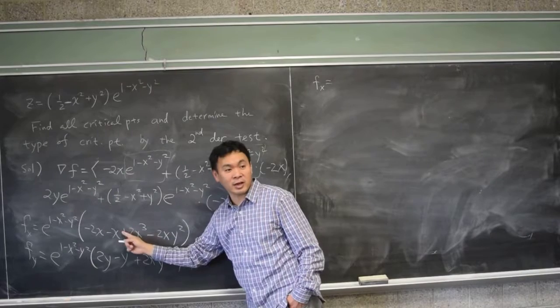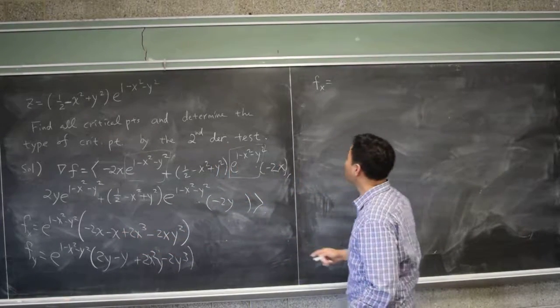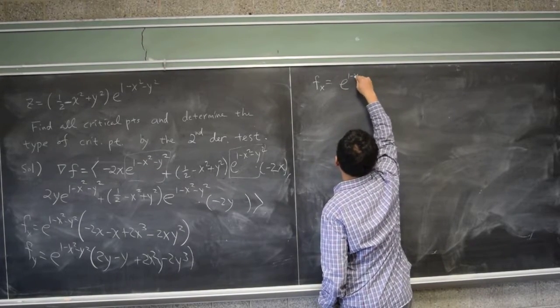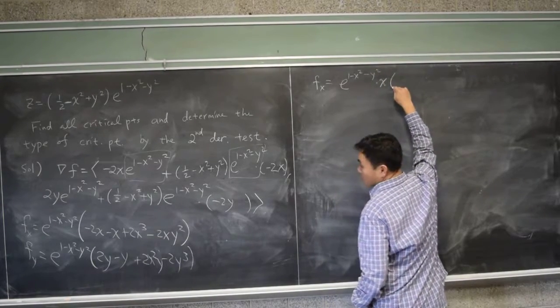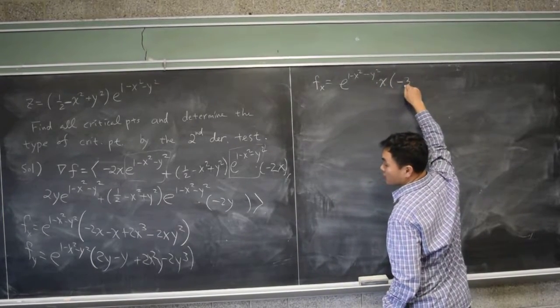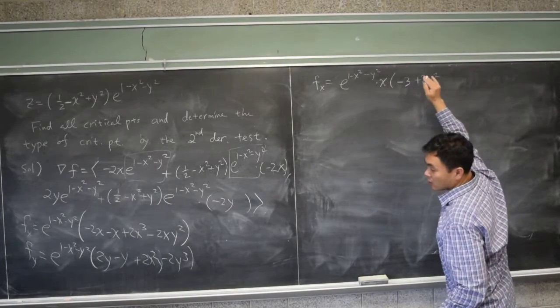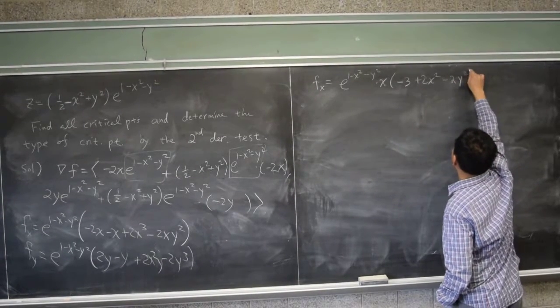So we have negative 3x. But then you see that x is everywhere, right? So I can pull the x out. What you're left with is negative 3 plus 2x squared, and then minus 2y squared.